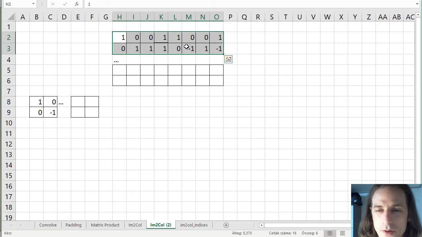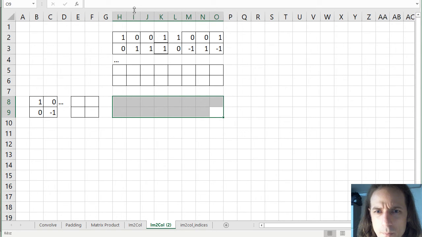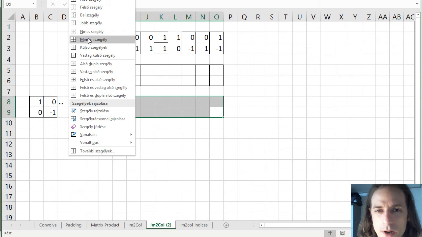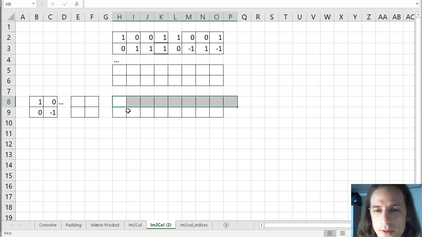So the kernel went 1, 2, 3, 4, 1, 2, 3, 4 for the second layer, etc. So by doing this matrix multiplication, you will get the matrix which is exactly the dimension of the flattened kernel.